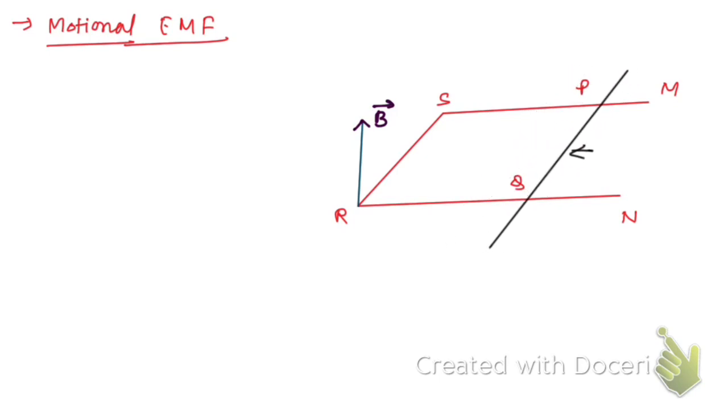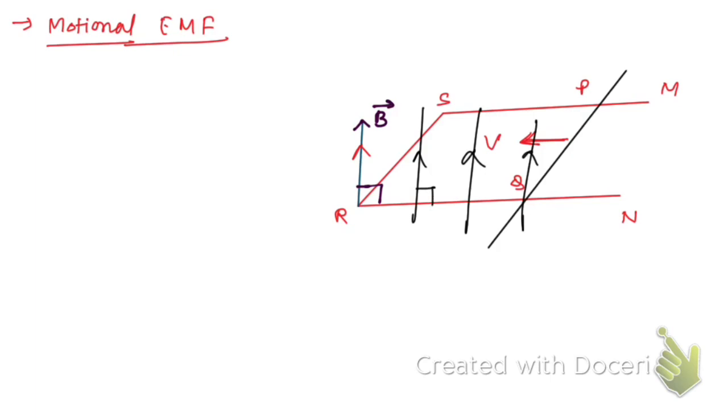Now let us consider that this arm PQ is being moved towards left with velocity v, and this is the direction of the magnetic field, which is perpendicular to this frame. That means the field lines are passing through this frame in a direction perpendicular to it. Hope you have understood this.